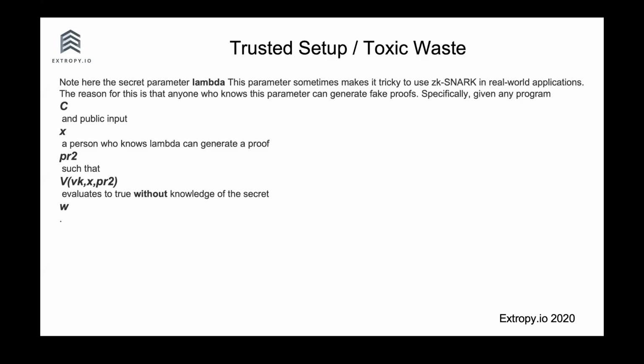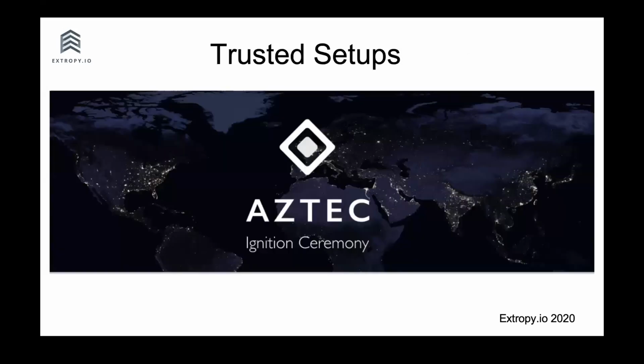This one, Aztec, are a company that have a zero knowledge proof system on Ethereum, a very interesting system used for a lot of financial products. But to set up their system, they went through this thing called the ignition ceremony, and this was their trusted setup before they could start using their SNARKs.